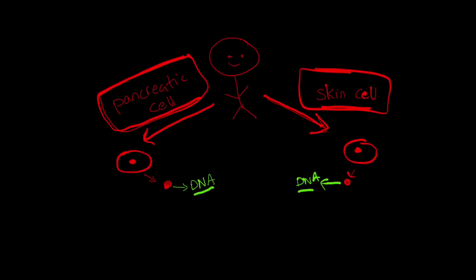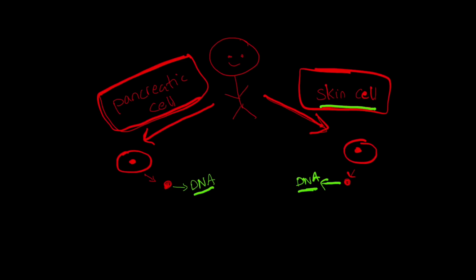Different DNA sequences. في بعض الطالبات يقولون إنه لا ال DNA بيكون مختلف لأن أصلا شكل خلية السل تختلف عن البنكرياتيك سيل أو الخلية البنكرياسية، لأن أشكال الخلايا مختلفة وظائفها مختلفة، فيقولون إن ال DNA لازم يكون مختلف. غلط. DNA is not different. The DNA in my skin cells and my pancreatic cells is identical.